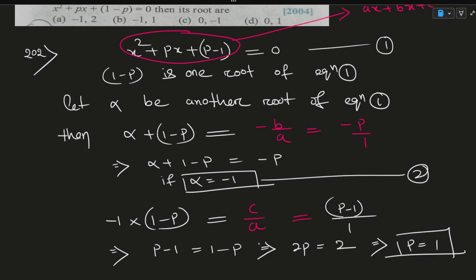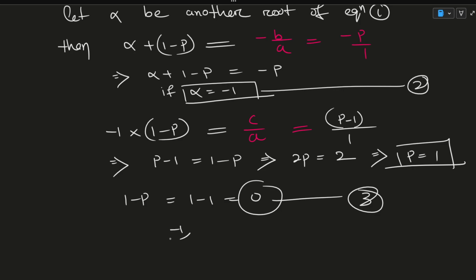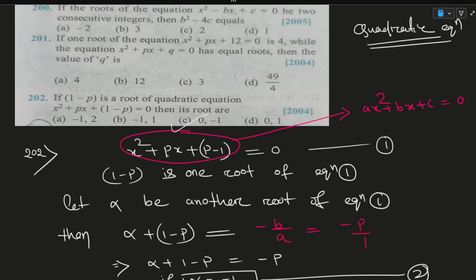We got the value of p here. So we can find the other root, that is 1 minus p, which is 1 minus 1, equal to 0. So 0 is the other root. We got the two roots, minus 1 and 0. If we go to the options, we get C as the correct option.